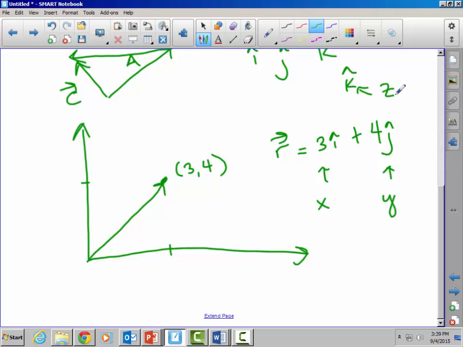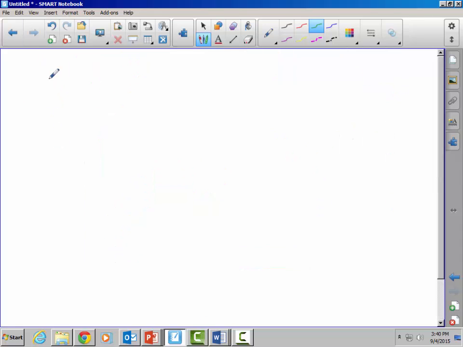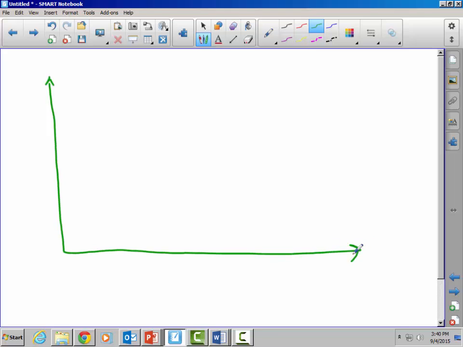So let's do an example with IJK vectors, just to get an idea of how they work. So let's say we have an object whose initial position, we'll say, is right here. And we'll say its initial xy coordinates, let's say that that's 5, and let's say that that's 10.